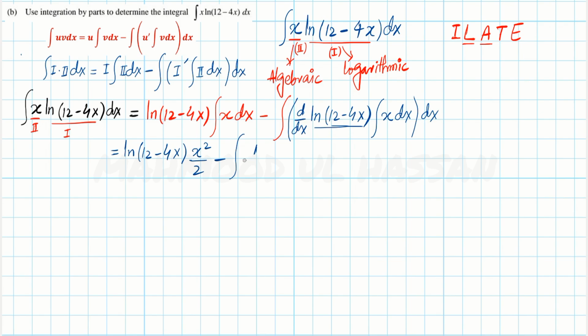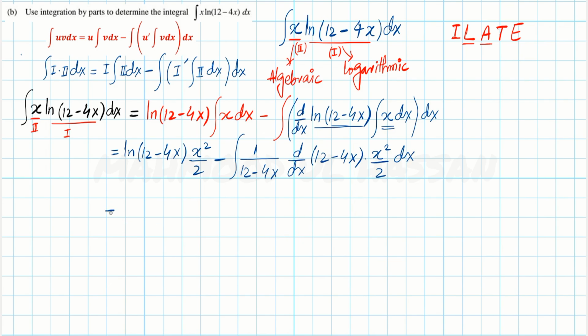So that can be written as 1 divided by 12 minus 4x, and then you have to take the derivative of the argument, that is d over dx of 12 minus 4x. And the integral of x is x squared divided by 2, times dx.